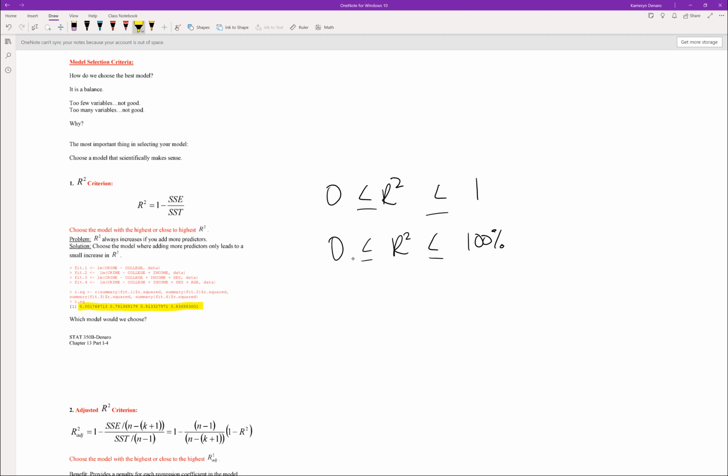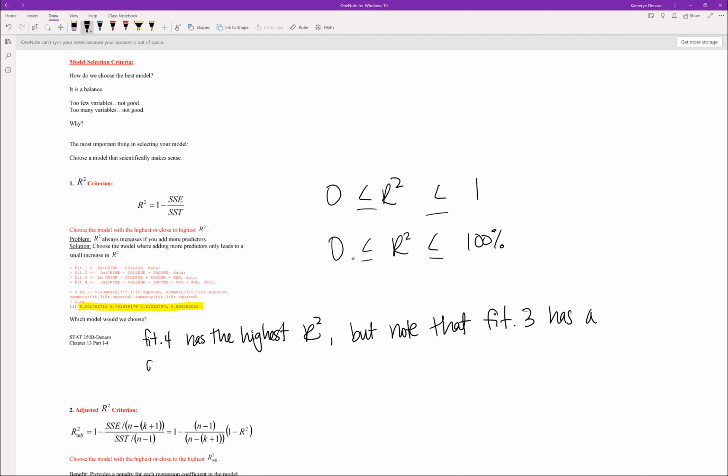And we see that, as we said before, as the number of variables in your model increases, this r² value is also going to increase. So based on just the value of r² alone, I would say that you would end up choosing fit.4. Fit.4 has the highest r². But I'm going to note that fit.3 has a decent r² value.